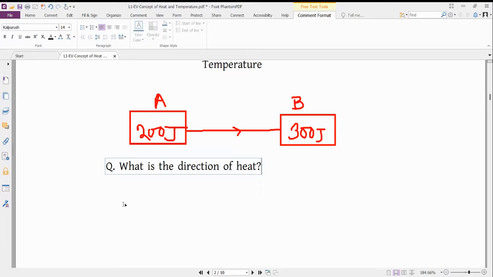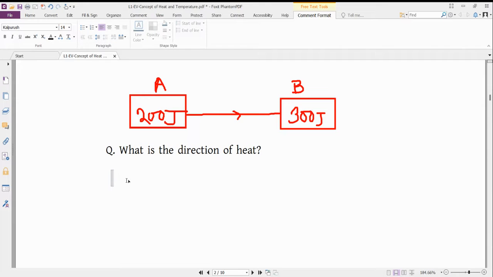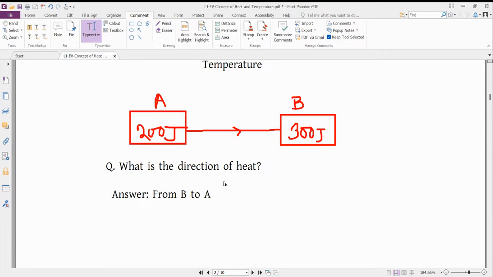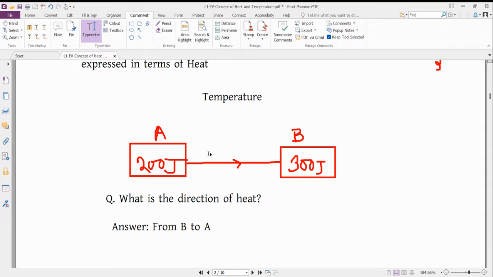Most of the students give the answer that it is from B to A. But that answer is not correct, because we can't say the direction of heat without knowing the most important information about these bodies, and that information is the temperature.